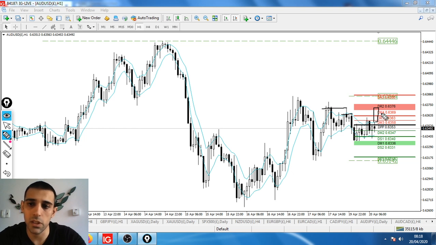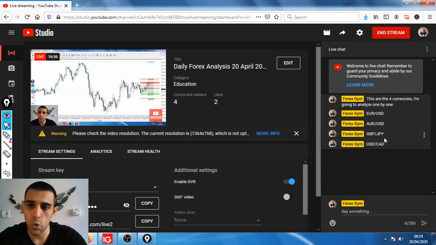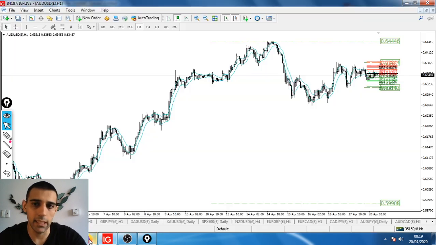If the candle doesn't close strong bullish, then we wait to see if the price pushes up to these highs, and if again we don't see any strong bullish candle, then we wait and see if the price is going to break this area here. As of this one, it's still a developing candle, so it's not much of a deal to see. Let's go to British pounds against Japanese yen.